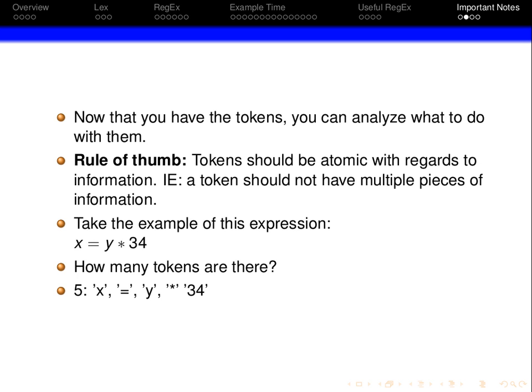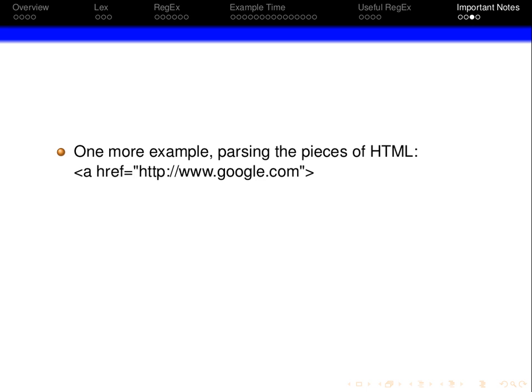Star is the operation, and 34 is an integer. And the space is ignored. We don't care about the space. We ignore the white space. But that's all that's telling you. Does that make sense? Those are the atomic pieces. It's not like you can break up y into smaller bits. You could try and break up 34 into 3 and 4, but that doesn't give you anything. So it's 34.